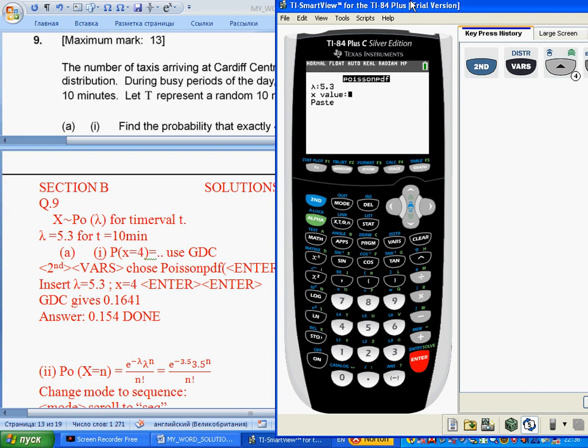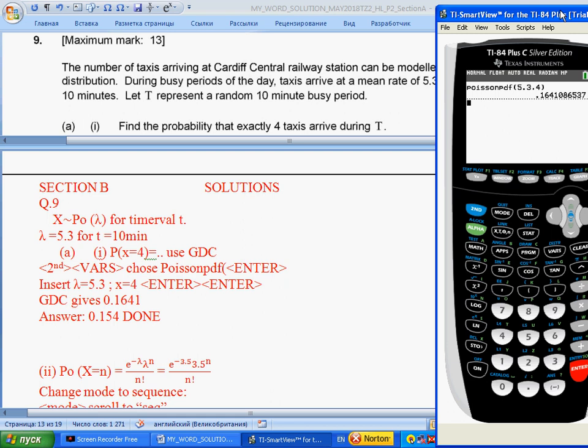So we insert 4. Press enter, enter, and one more time enter. And this is what we get. So we copy 4 significant figures. Sorry, 3 significant figures, so it is 0.164. So this question is done.